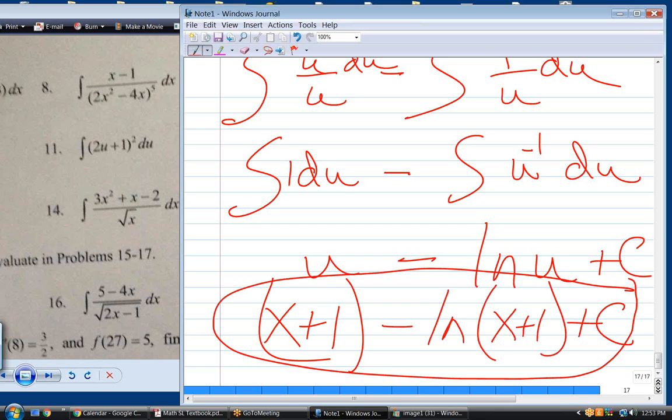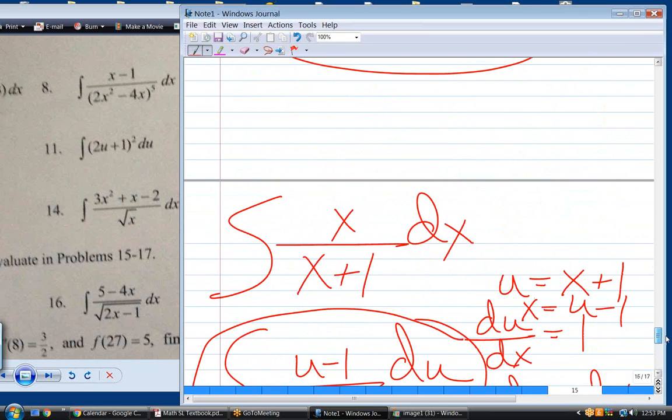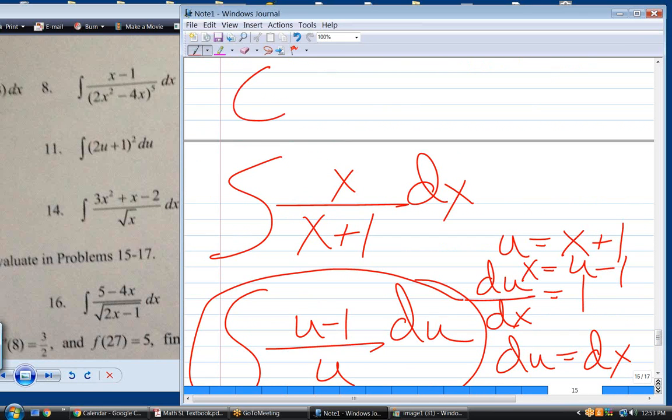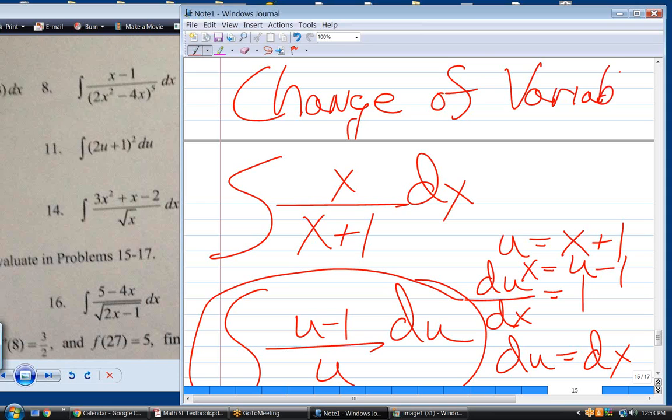And it was U substitution, but it was U substitution that they call change of variable. In other words, this was actually a different category of U substitution. There's two categories. There's the one where you have f of g of x times g prime of x, and then you have the one where it's just called change of variable, where I don't have any kind of g prime of x times f of g of x.